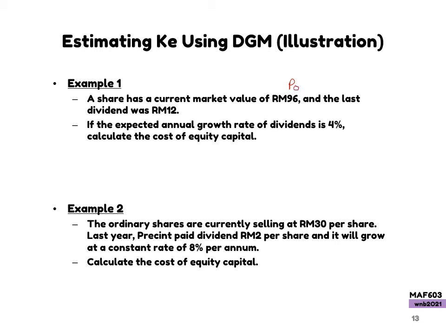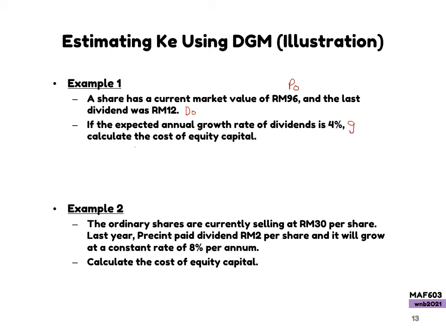And the last dividend was 12 ringgit. The last dividend means that this one is your D0, the dividend that has been paid last year. If the expected annual growth rate of dividend is 4%, this one is our G. Calculate the cost of equity capital.